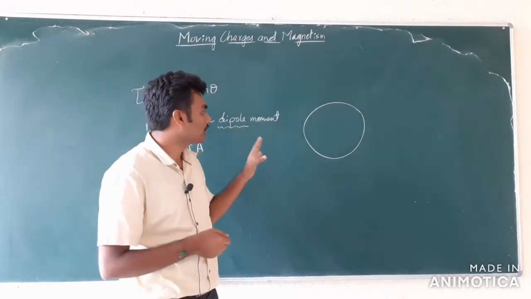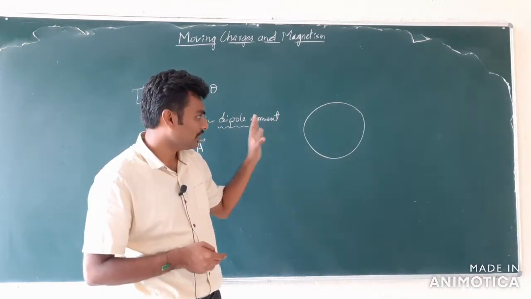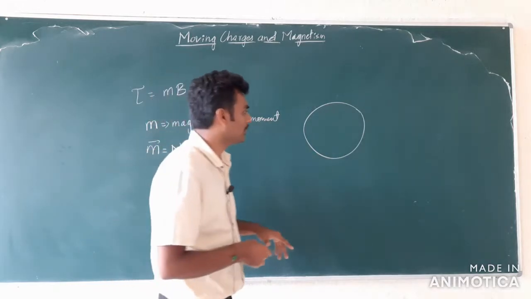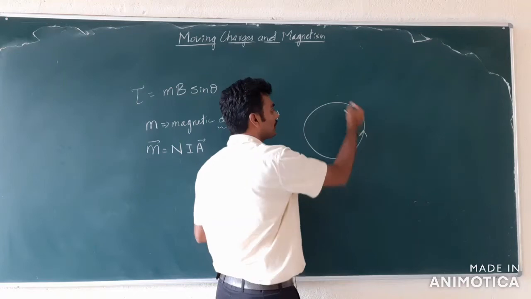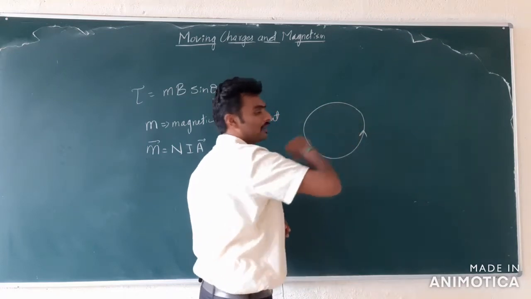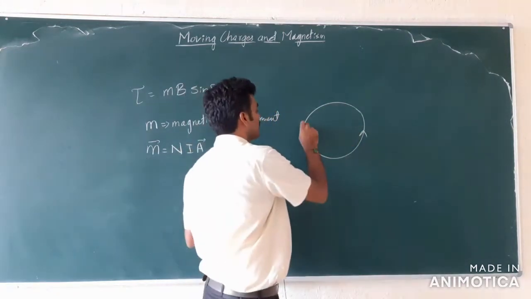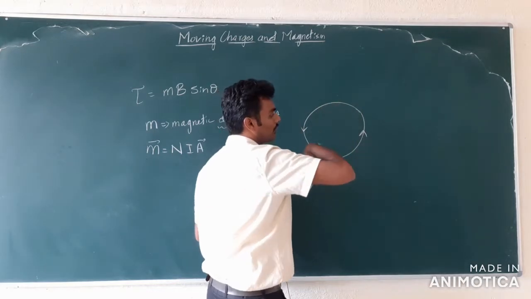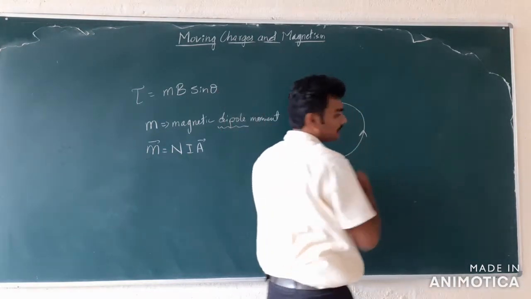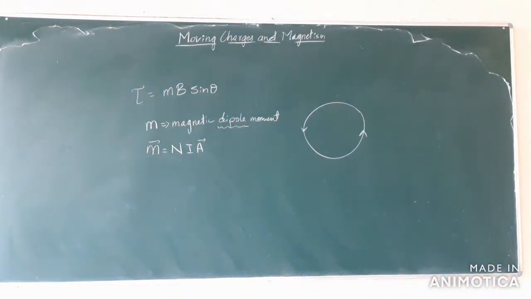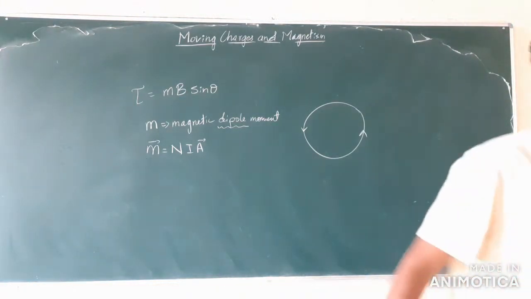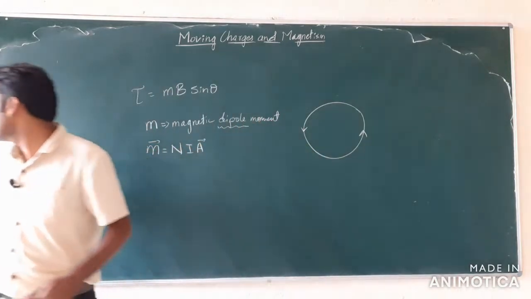So this is going to be a little tricky, but you can imagine it, nothing to worry. Say you have certain current flowing through a circular coil like this. Now, just a minute, let me bring you the same kind of coil and show it to you.